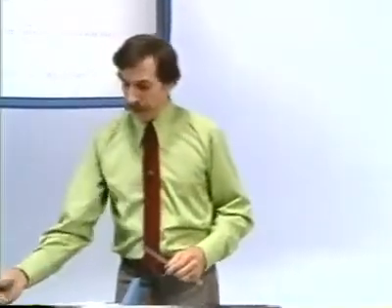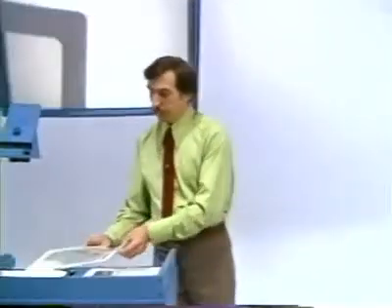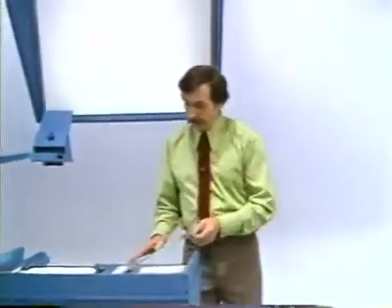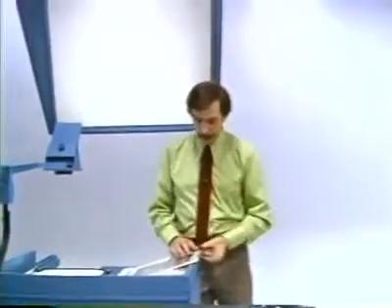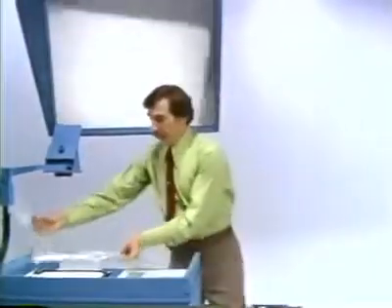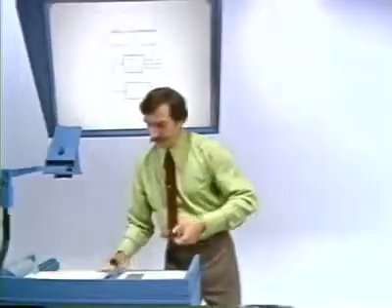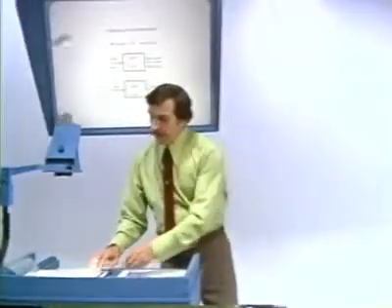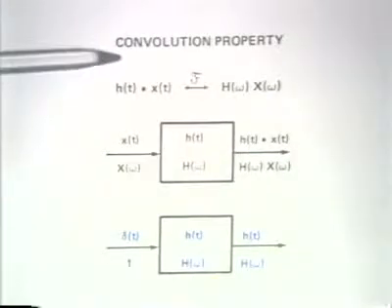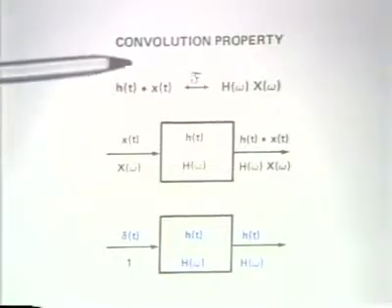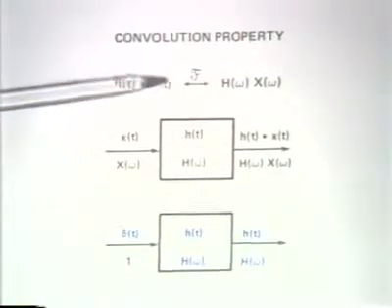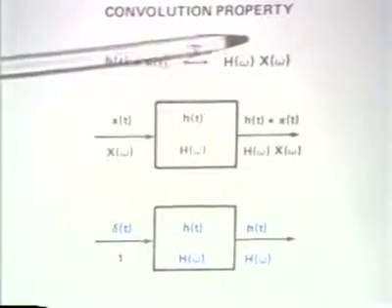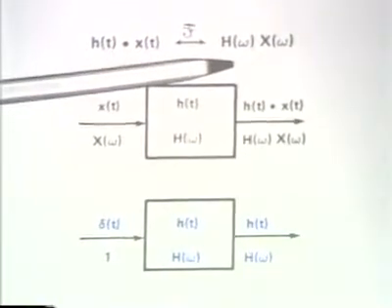Let me just indicate what the convolution property is. The convolution property tells us that the Fourier transform of the convolution of two time functions is the product of their Fourier transforms.